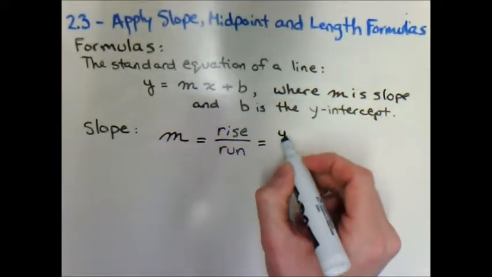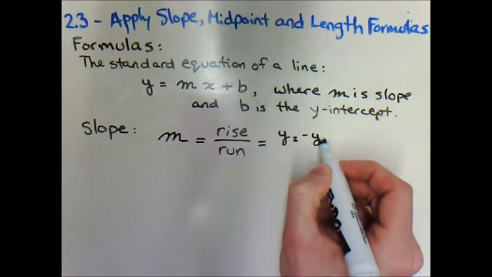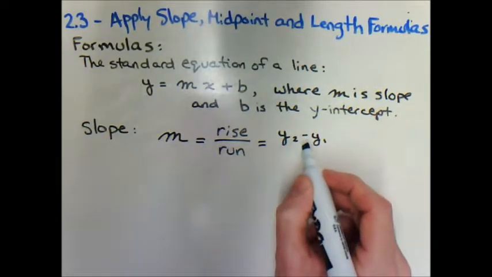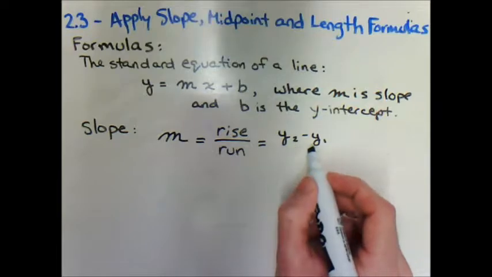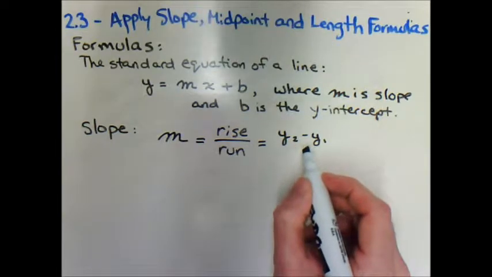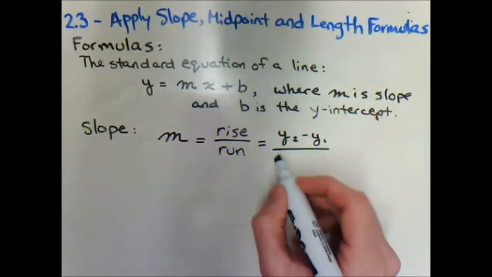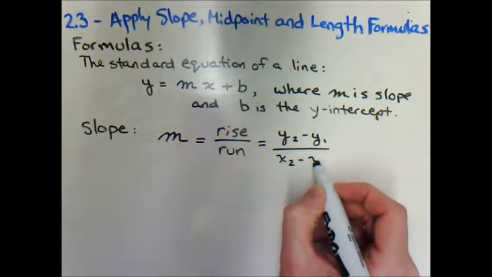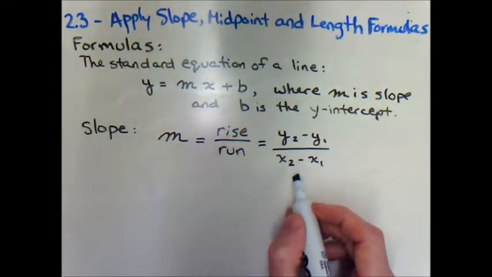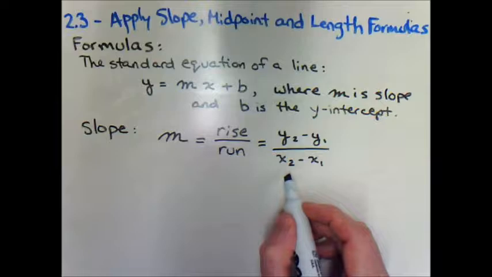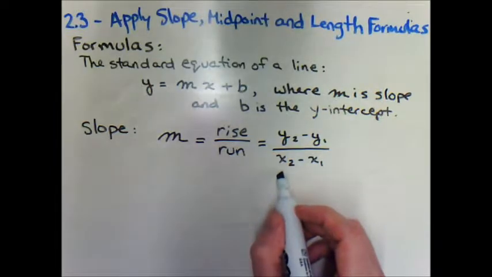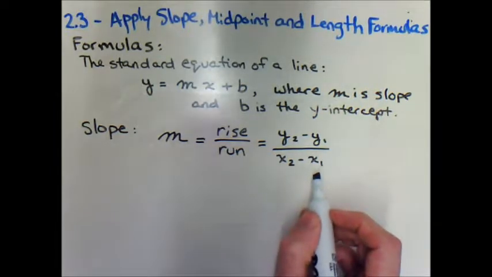The rise is going to be the change in y, the vertical distance from one point to the next. The run is x2 minus x1. That's the horizontal change, the second point minus the first point.